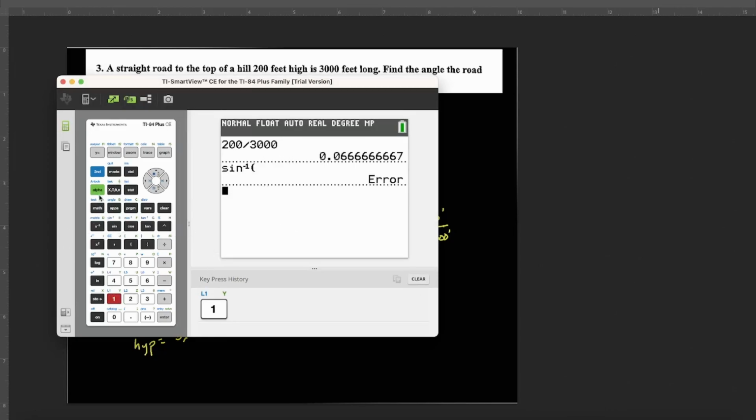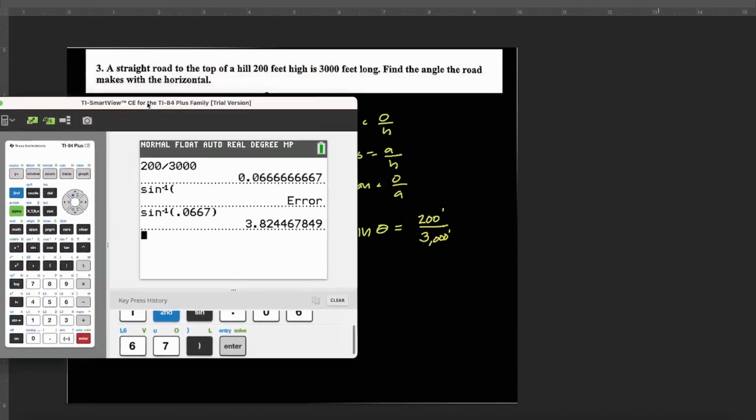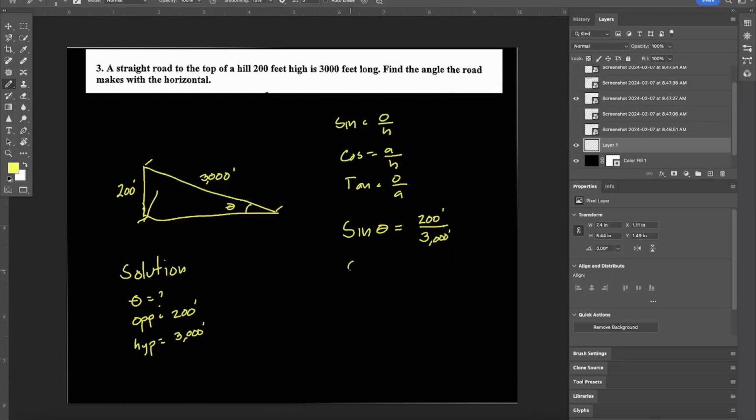Sine inverse of 0.0667, and that should give us our angle of about 3.82 degrees. So therefore, our theta, or our angle, is just about equal to 3.82 degrees.